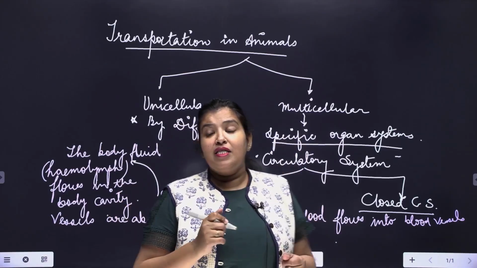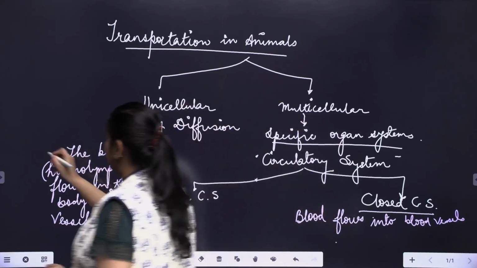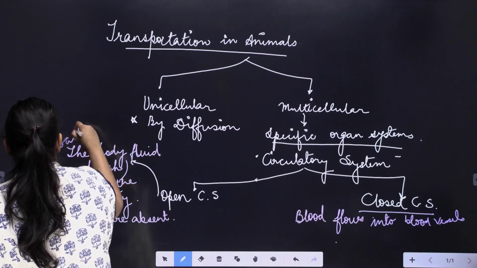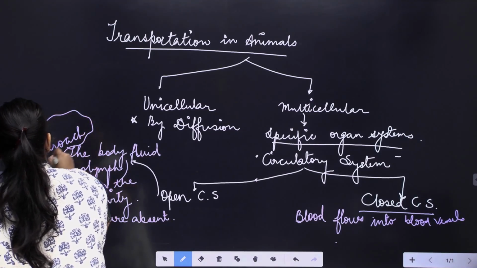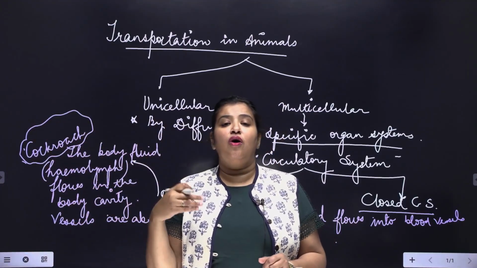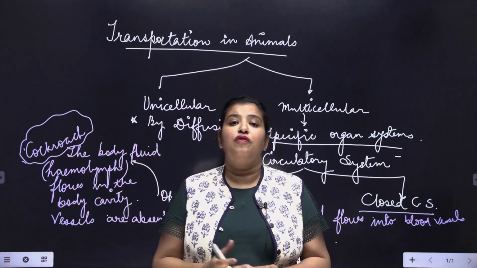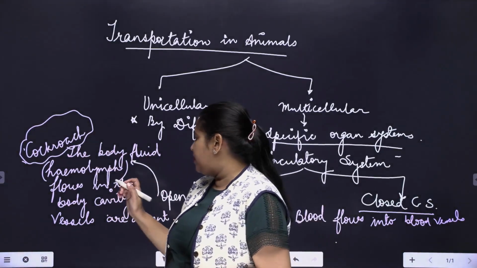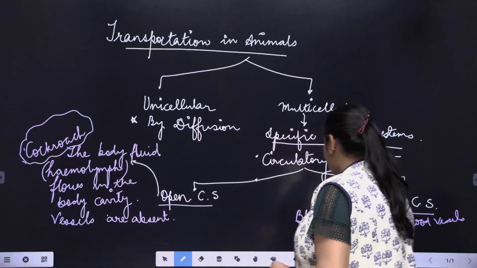No. But in case of an insect like cockroach, the cells are in direct contact with this fluid, the transporting fluid. So that is the difference between a closed and an open circulatory system.